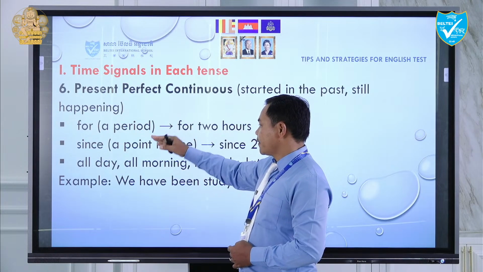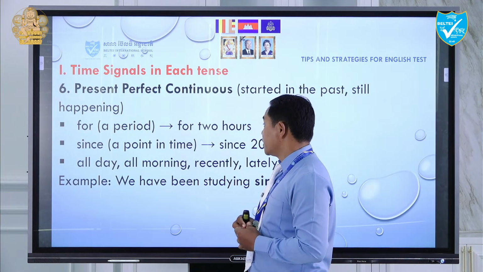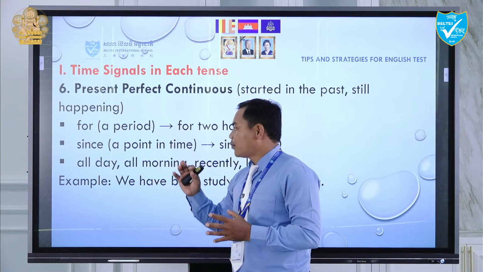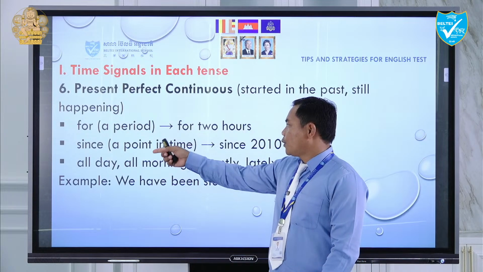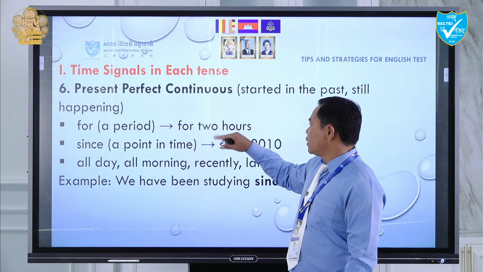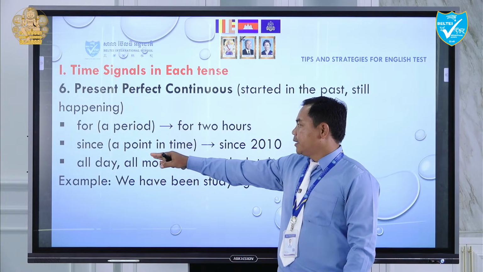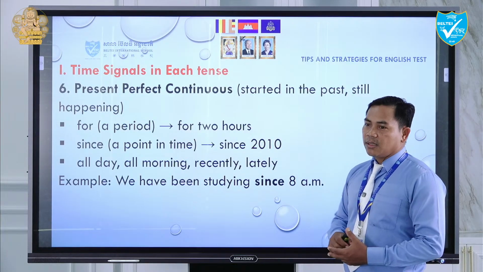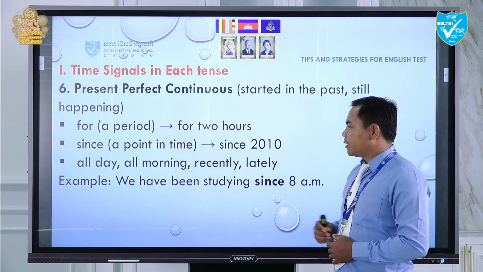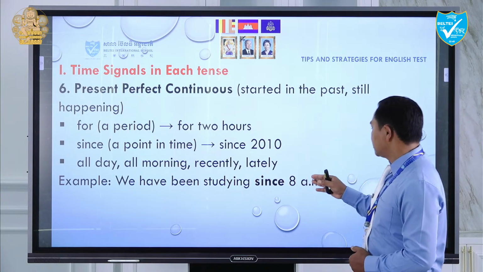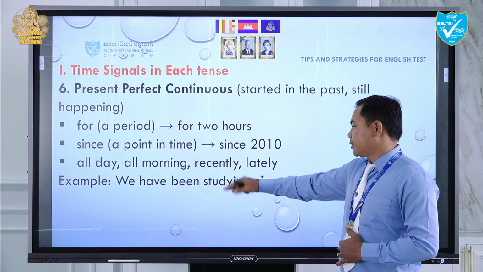For, since, all day, all morning, recently, lately are important with present perfect continuous. Present perfect can also be used for things all day, but this can be a tip that helps you. For is used to talk about a period of time, for example, for two hours, for three hours, for one day, for two days. Since is a starting point in time, like since 2020, since 2010. Example, we have been studying since 8 a.m. and until now we still study. The action started in the past and continues until now.